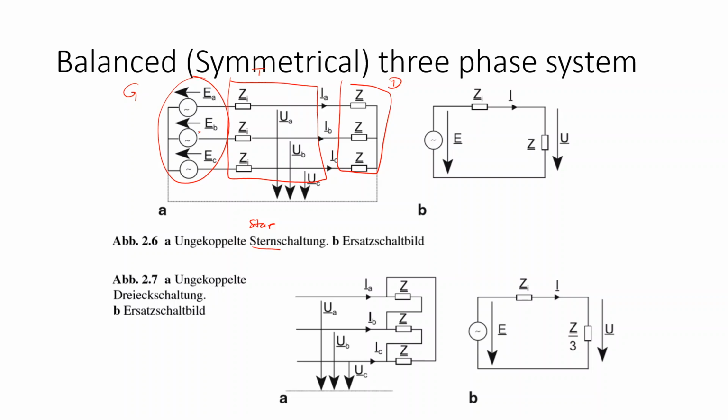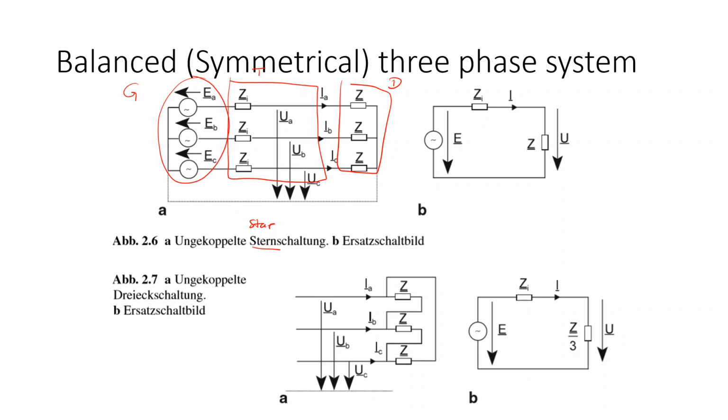So this is what we want in the three-phase connection, because as we discussed last time, we would prefer to have our three-phase system connected in star or in Y connection. The reason is that we want to analyze it in just one phase.